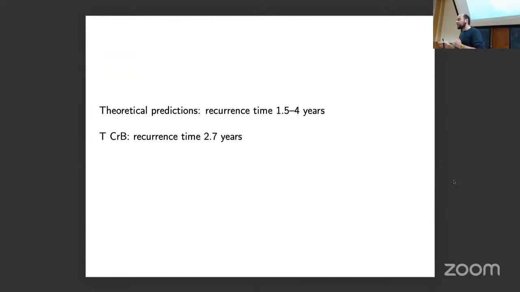So it looks like a dwarf nova is consistent with prediction, so it is probably a dwarf nova. And the fact that there was no classical nova outburst related to, in my interpretation, the super outburst is consistent with that.